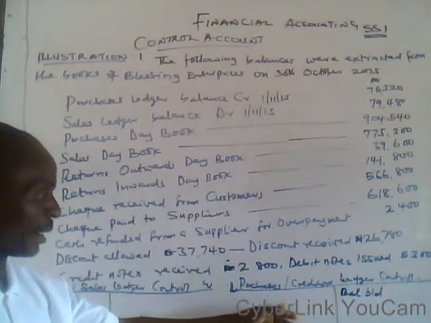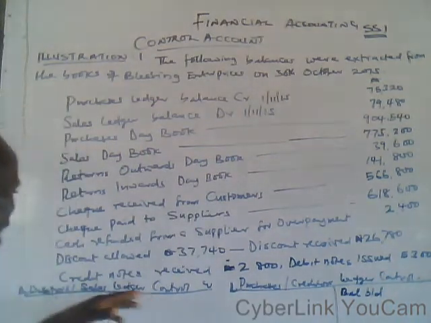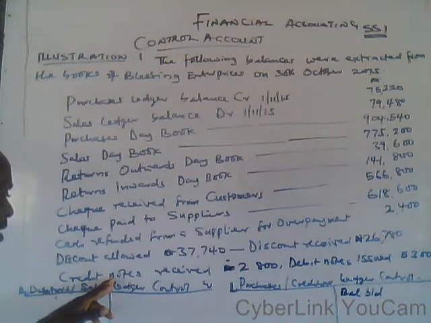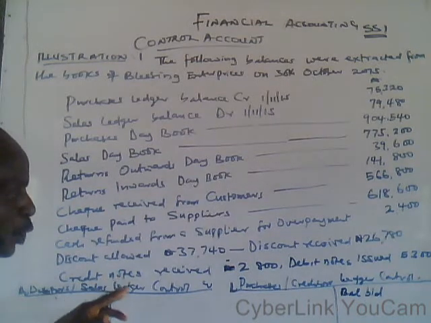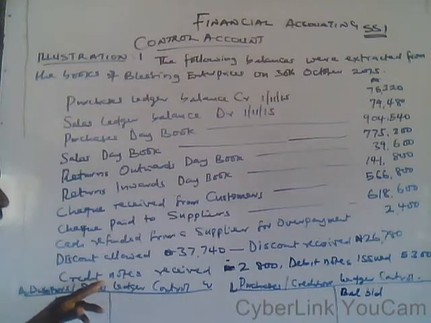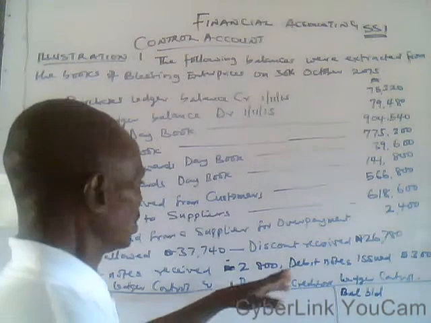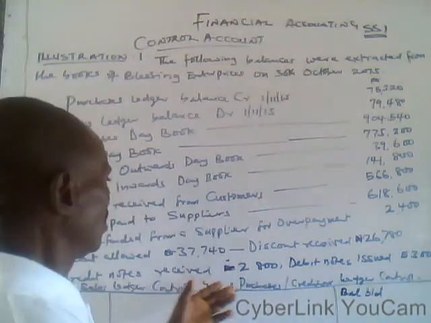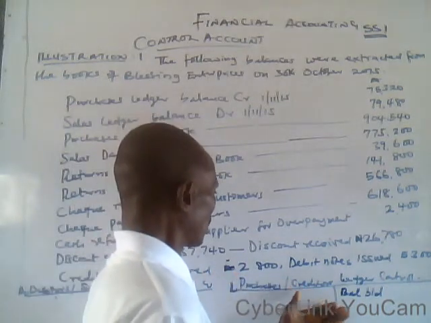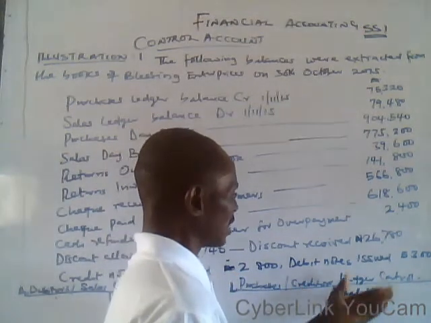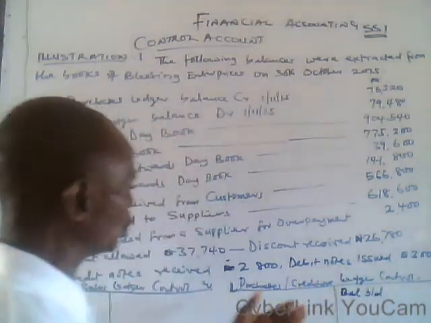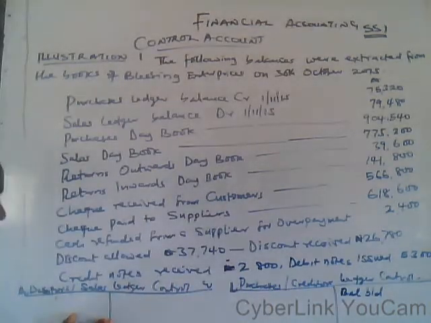And you have the last one: a credit note received, and a debit note issued. The credit note received goes along with the purchase ledger control account, while the debit note issued will be on the sales ledger control account.